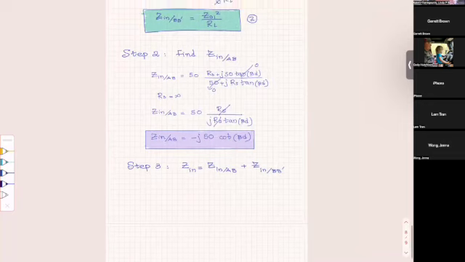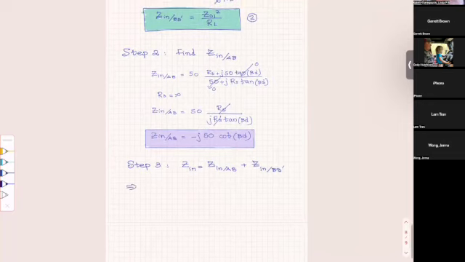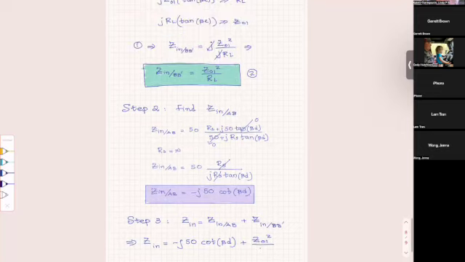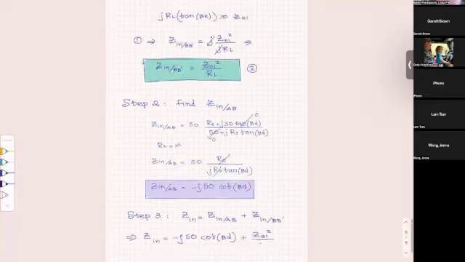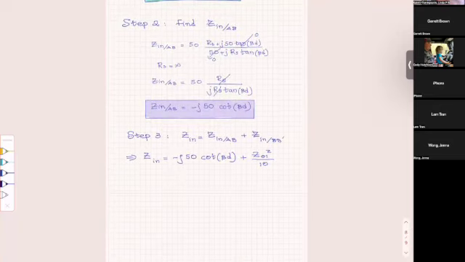So now what we have is the input is minus J50 cotangent of beta D plus Z01 squared over R sub L. And how much is R sub L? 100. Divided by 100. Okay, I have that.